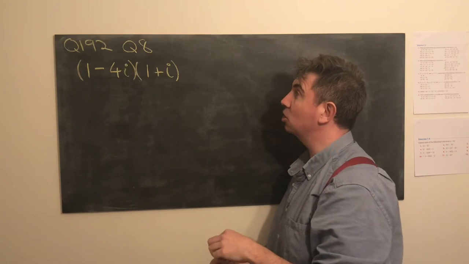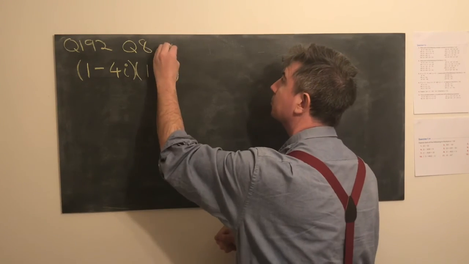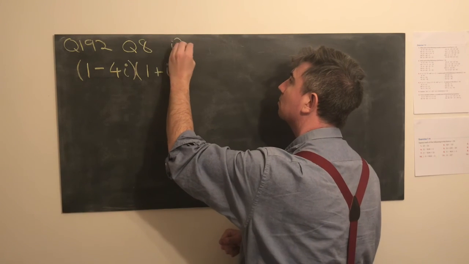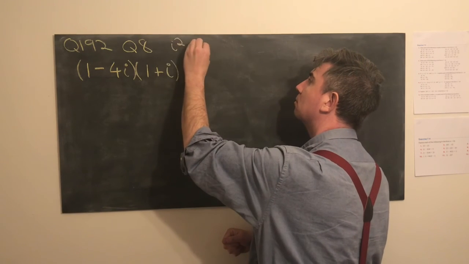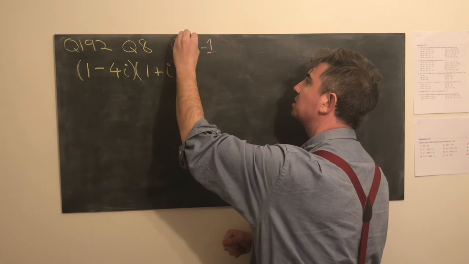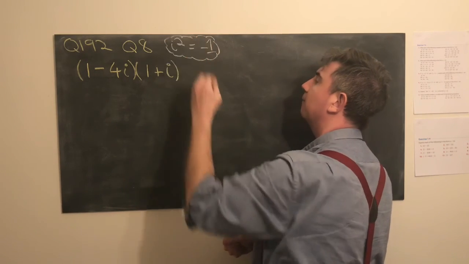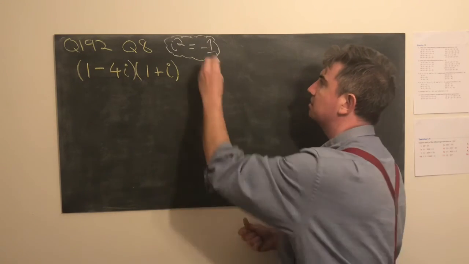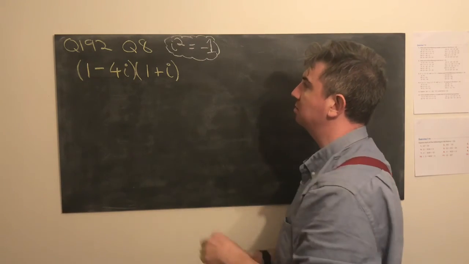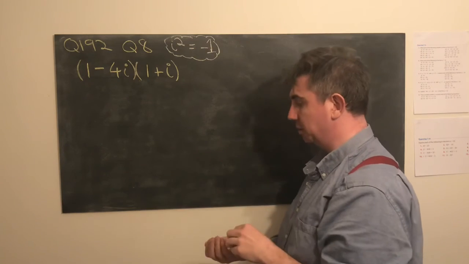And we know that we can turn i squareds into minus 1. Okay, that needs to be known. That's a really important fact for complex numbers.